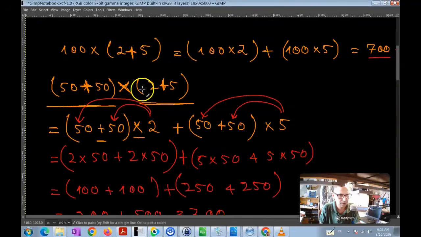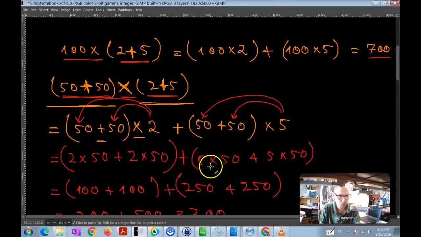So then basically whether you have, for example, 100 times some number plus some other number, or if you have two numbers added together times another two numbers added together, it's going to be the same story.